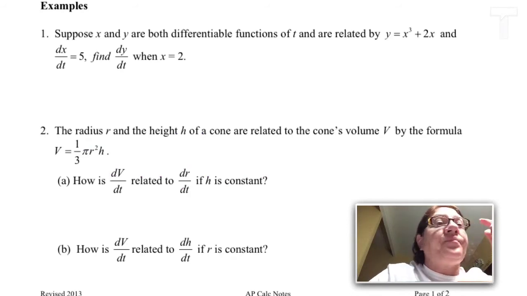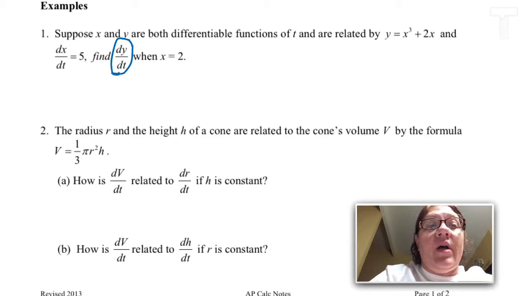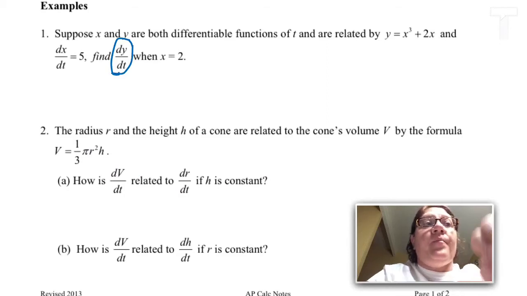Alright, so we want to find dy/dt. And notice there's no t in the equation, so I'm going to have to differentiate implicitly.